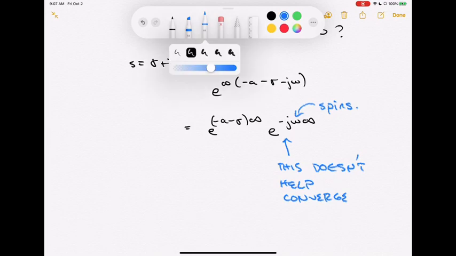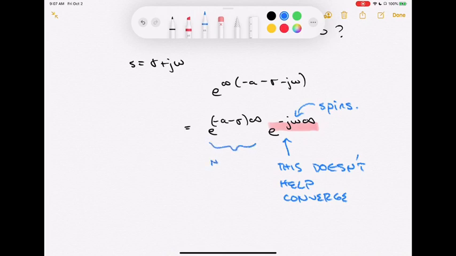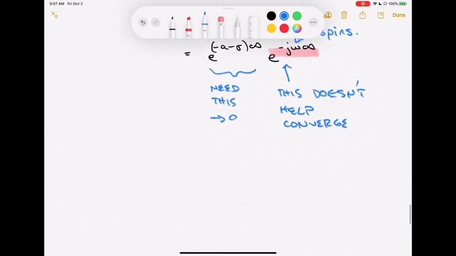So this whole piece out here is not going to be useful for us to figure out how to go down to zero to get this whole thing to converge. What do we need instead? We need this first part of the exponential. This is what we need. We need this to go to zero. So let's take a look at that guy.